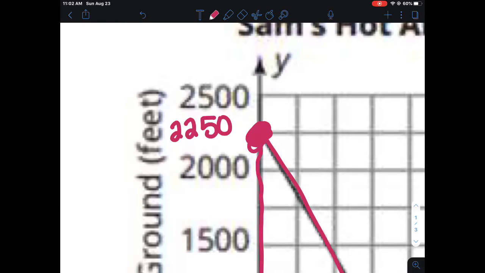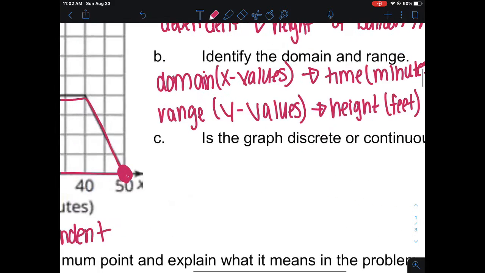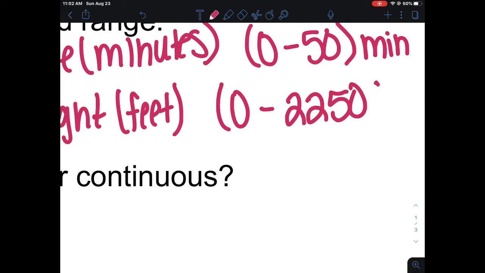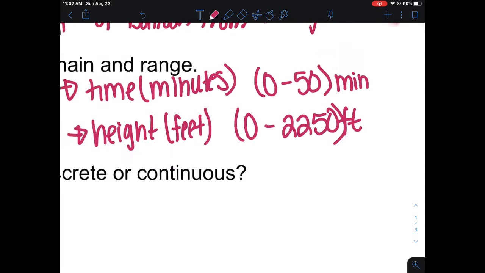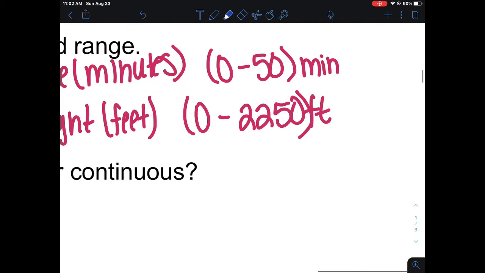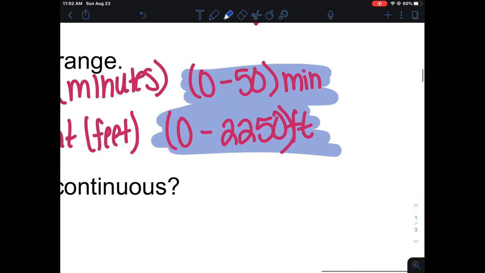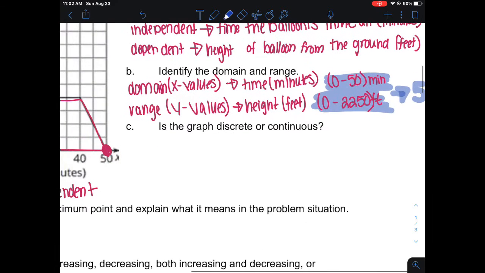If you didn't know that, you could have added those two numbers, 2,000 plus 2,500, divided by 2 to get that halfway point. So the balloon has a range of 0 to 2,250 feet. This part right here would be your opportunity for a 5.